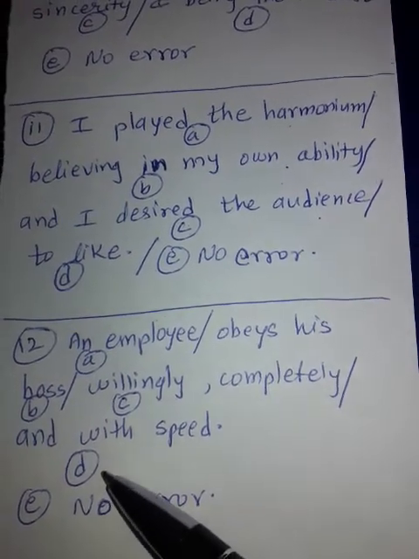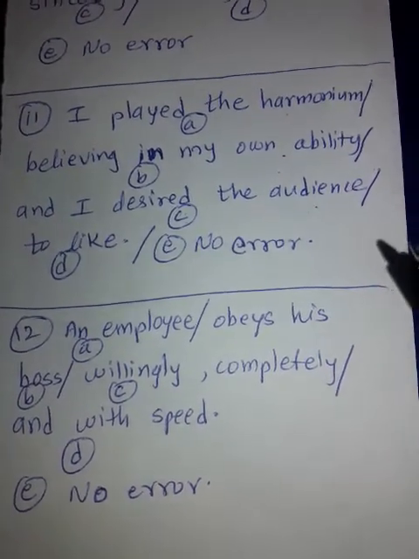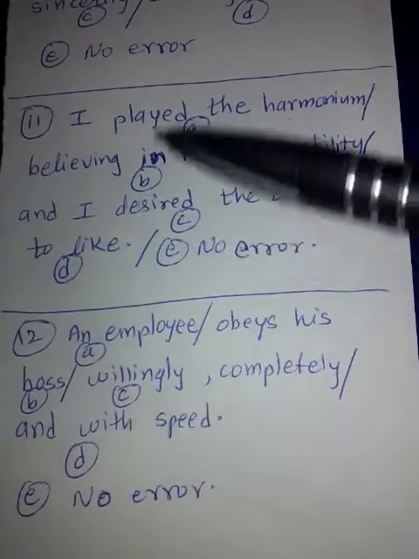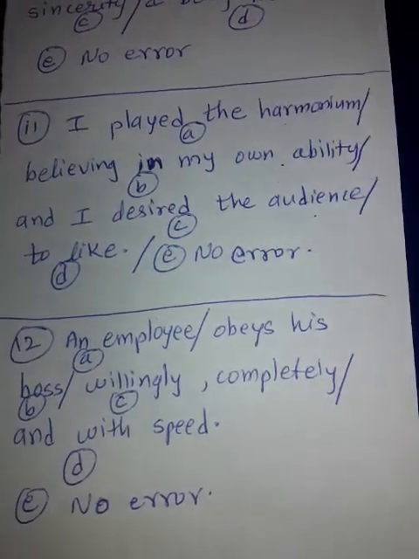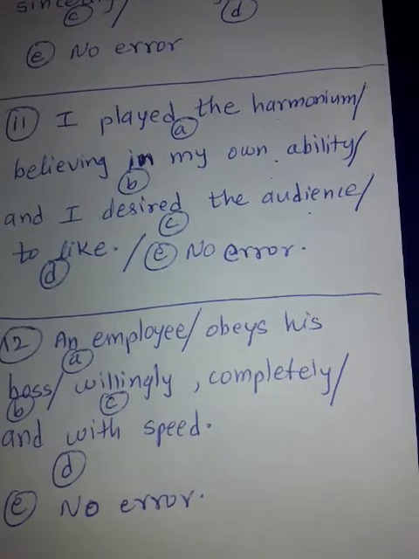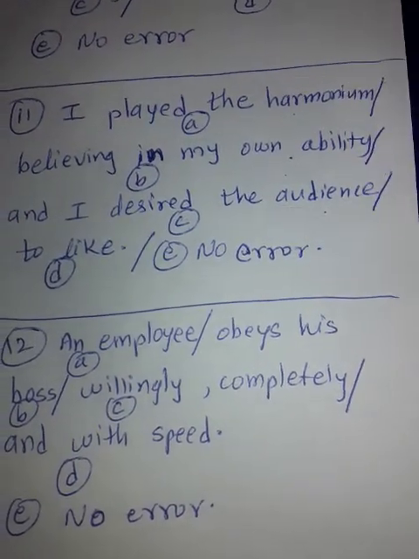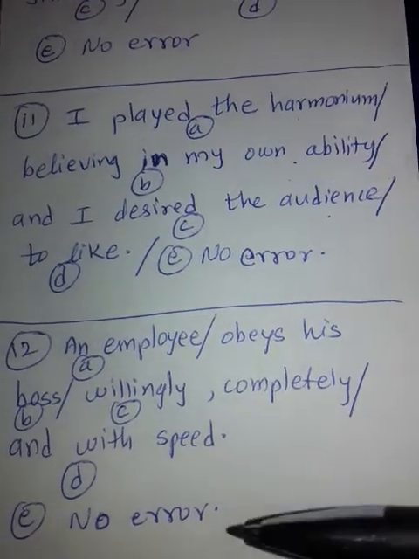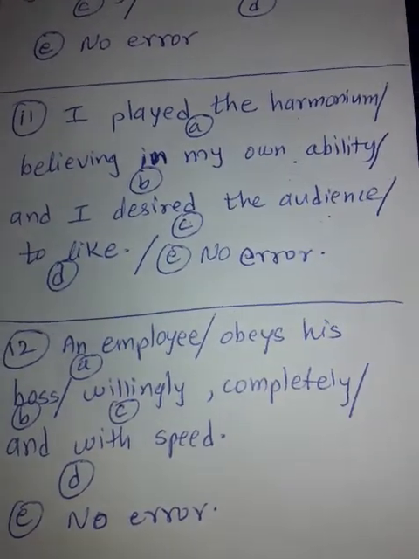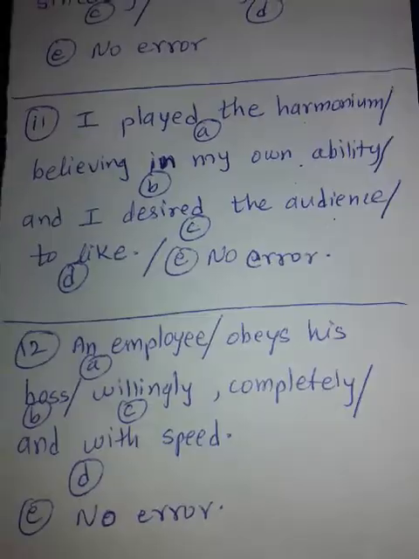So the mistake is in part D. Got it? So these types of sentences come under the error of parallelism. The first few sentences had superfluous errors, and in these sentences we covered parallelism errors.